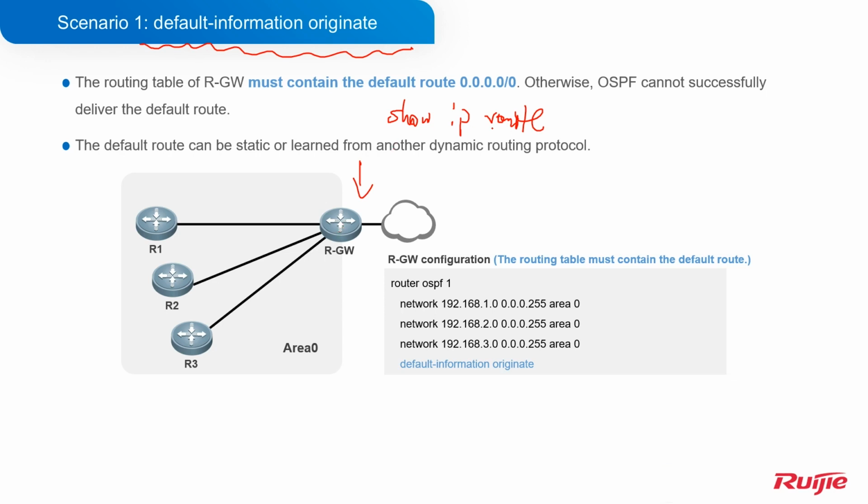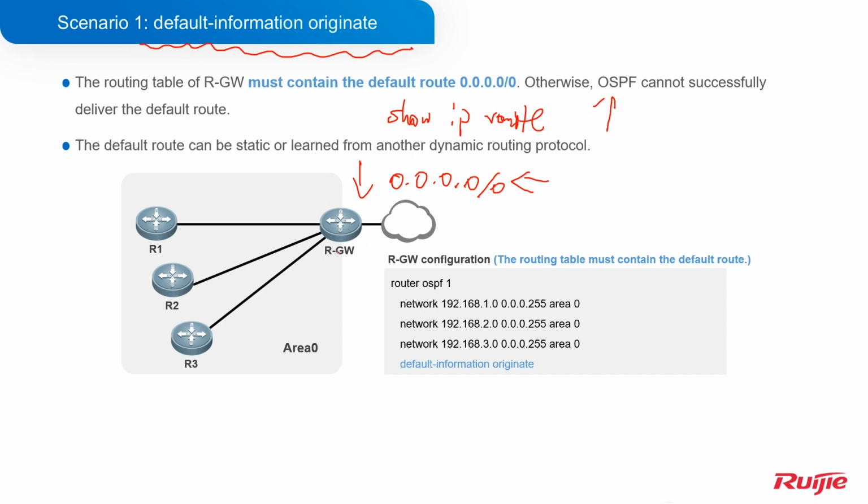If we run show ip route and see one routing entry 0.0.0.0, it means we can use the default-information originate command to deliver the default route. But if we use this command and can't see this routing entry, we can't deliver the default route successfully. This is what the sentence means.